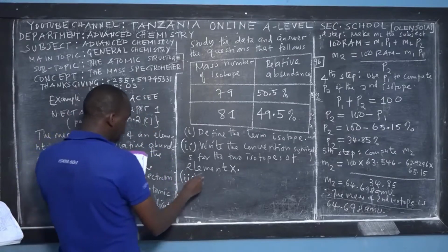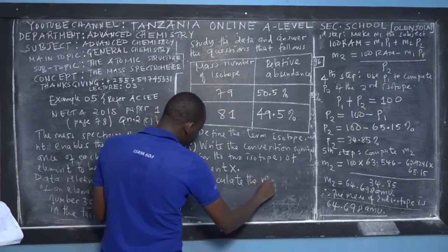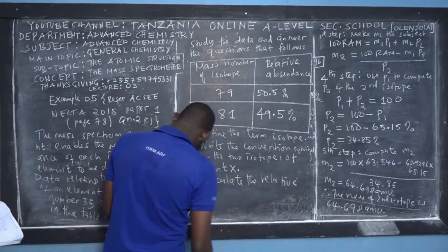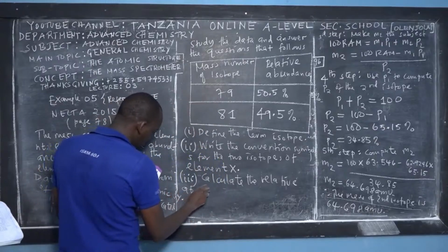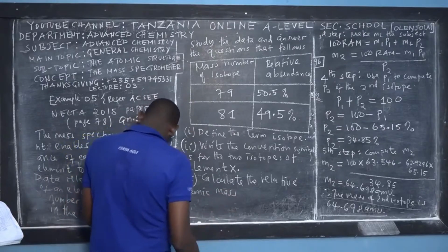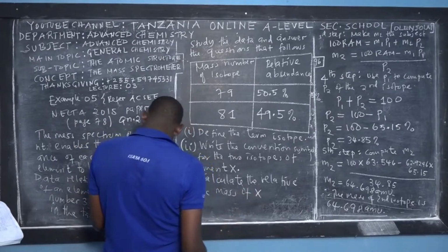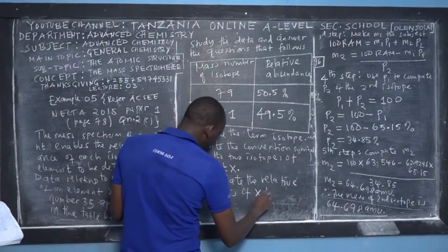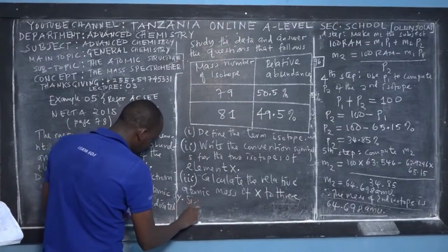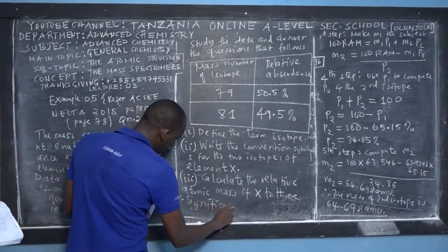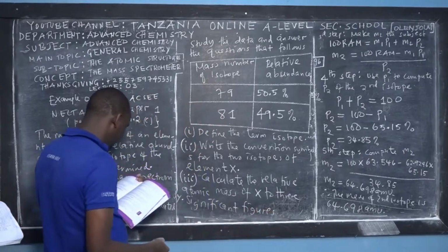Then calculate the relative atomic mass of X to three significant figures.